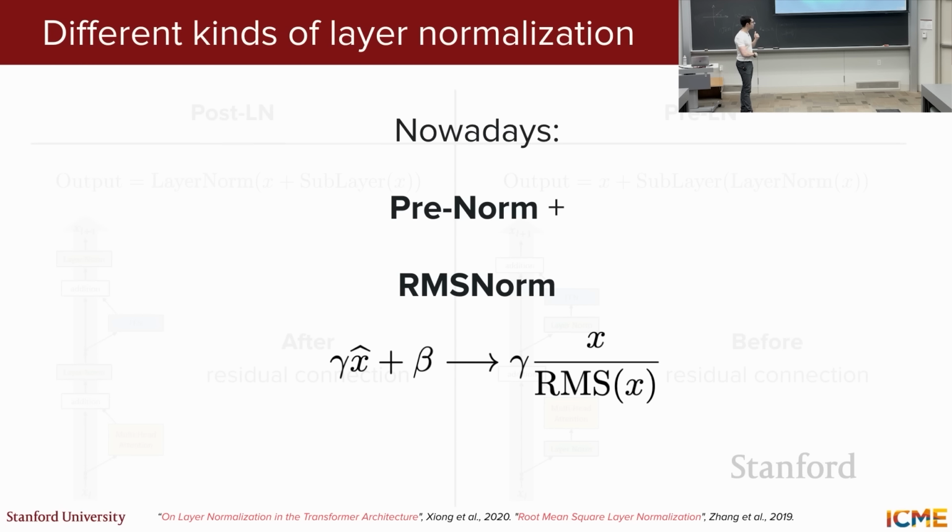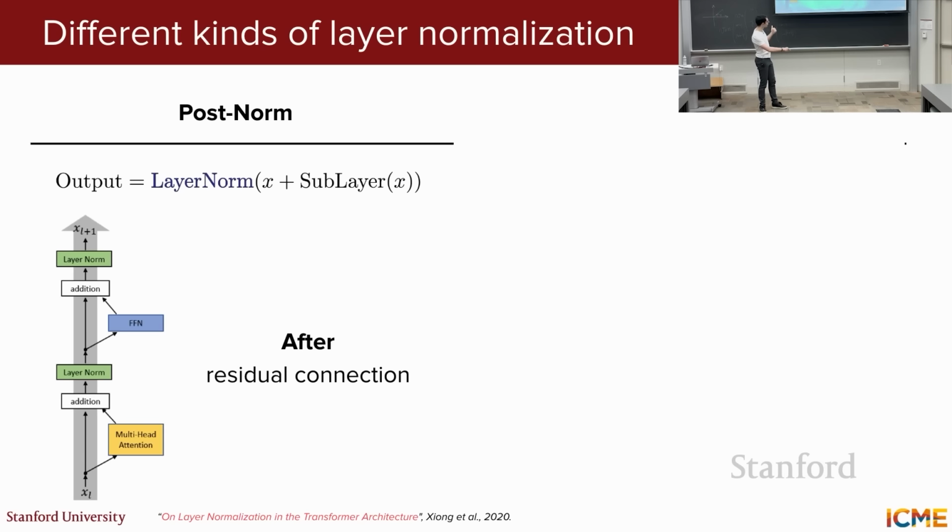But not only that, there's also another change. Nowadays people do not use layer norm. They use something else called RMS norm, root mean square normalization, which is a variation of what you've seen before.